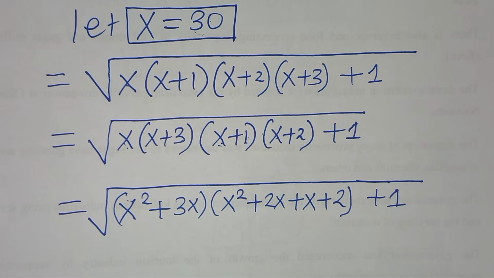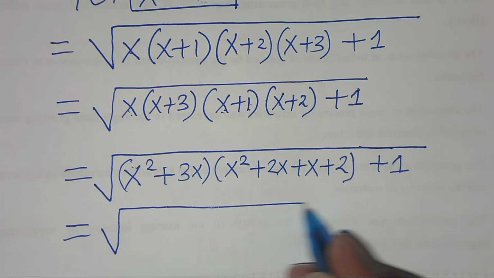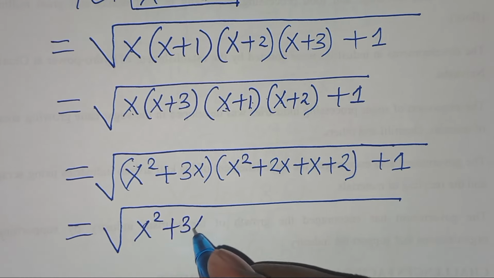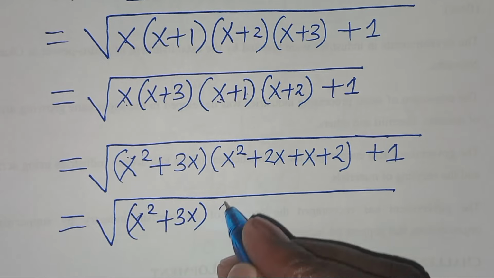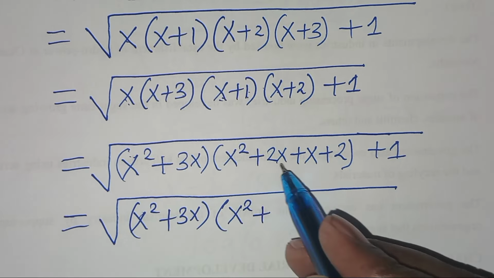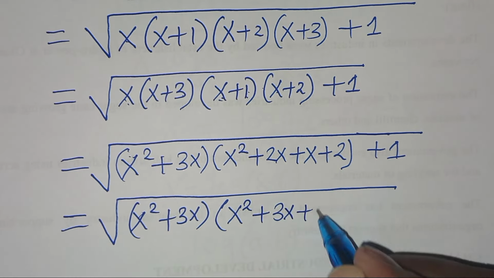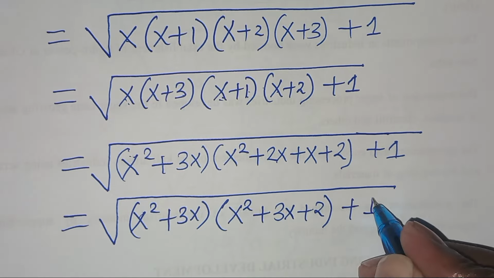Now, the next step from here, we'll have the square root of x to power 2 plus 3x. And then here, we have x to power 2 plus 2x plus x, this is 3x, plus 2, then plus 1.